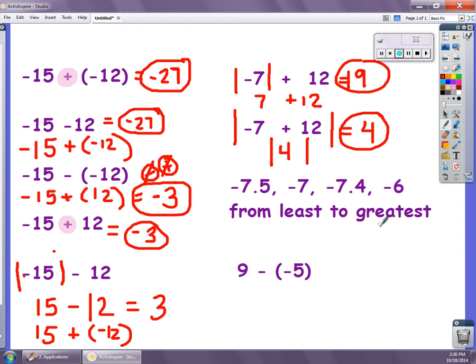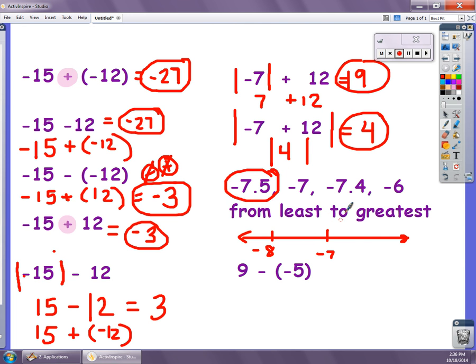Here, from least to greatest, which is the smallest number? I'm thinking about which number on a number line would be the farthest to the left. Some of these numbers are between negative 8 and negative 7. So which would be the closest to negative 8? That would be negative 7.5. This is the smallest number.